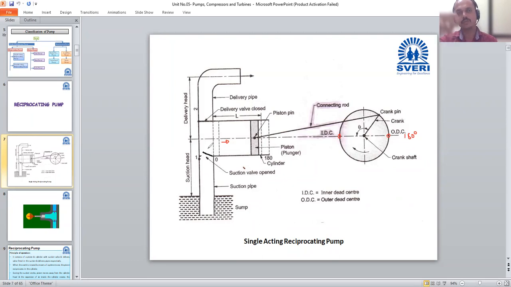Due to that vacuum, the suction valve opens, and the water from the sump is sucked into the cylinder, and that water accumulates in the space inside the cylinder here.